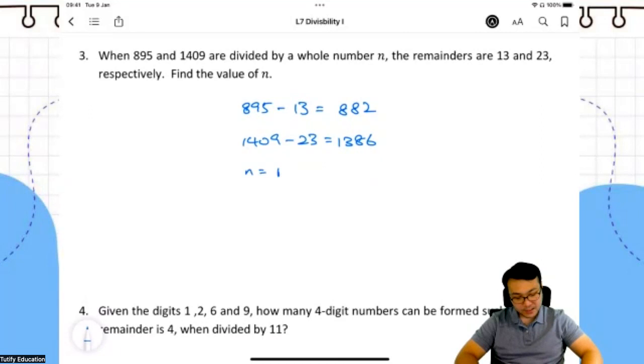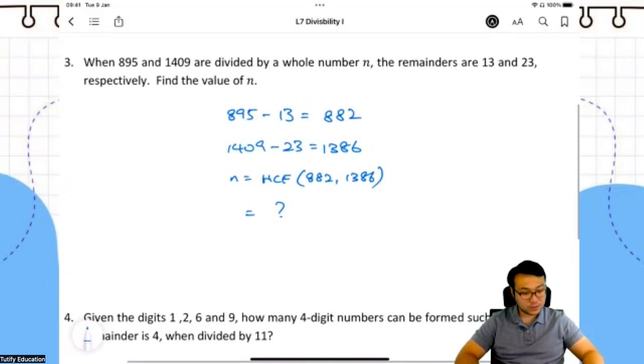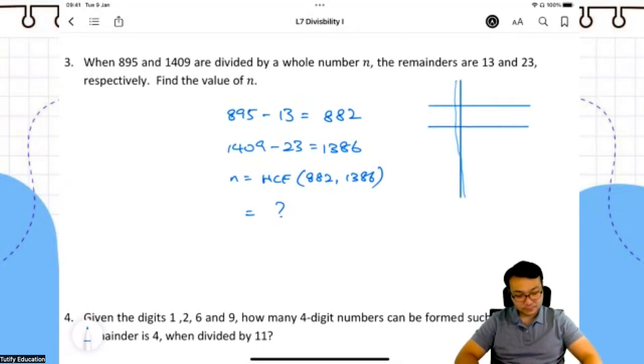So n will be the highest common factor of 882 and 1386, which we are going to find by using what method? The ladder method. Yes. So 882 and 1386.